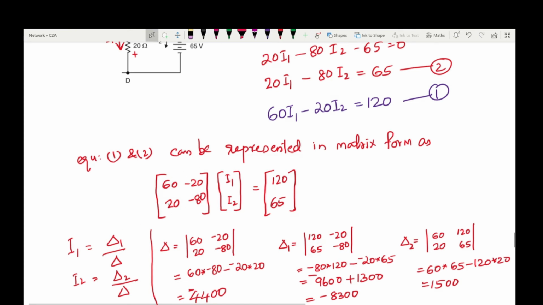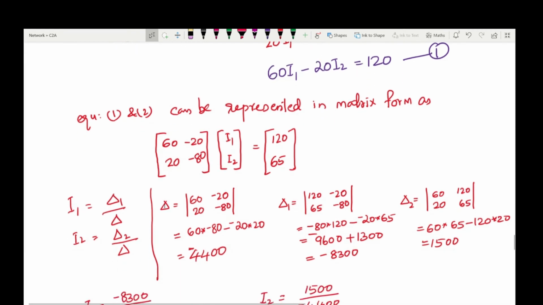What is delta 1? We remove the first variable coefficient, that is the first column entry, fully, and into that position we place the constant matrix elements, that is 120. Instead of 60 we place 120, instead of 20 we place 65. The determinant of that matrix gives delta 1. Similarly, when we replace the second column entries and find the determinant of that matrix, that gives delta 2.